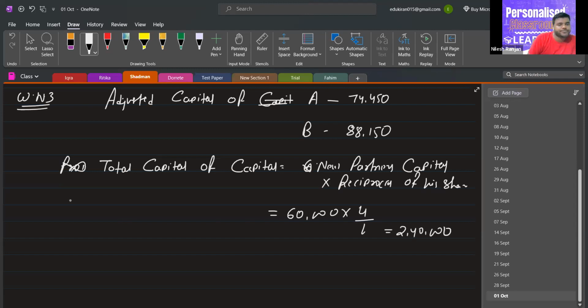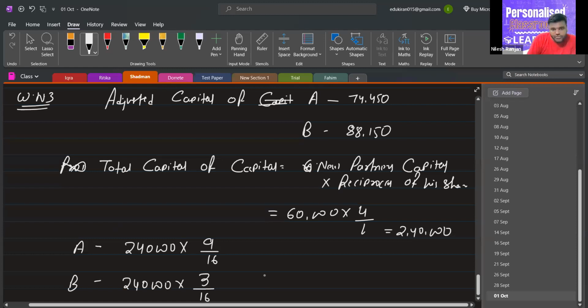Now, according to the new ratio, if we distribute this amount, A and B's capital we will get. The new ratio was 9:3:4. So 2,40,000 into 9/16 and 2,40,000 into 3/16.